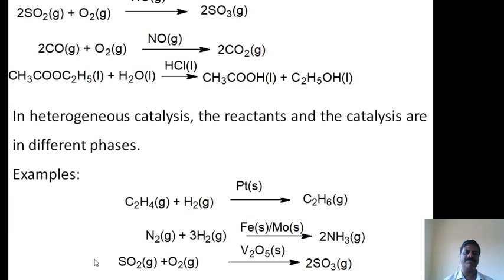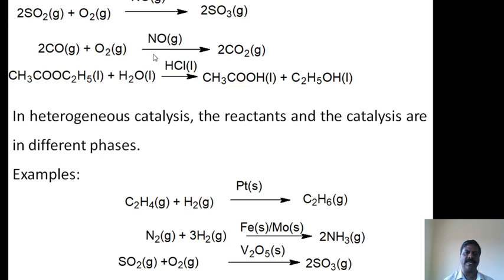Example for this is the conversion of sulfur dioxide into sulfur trioxide, passing oxygen gas to the sulfur dioxide gas in the presence of nitric oxide as a gas. Here sulfur dioxide is a gas, oxygen is also a gas, both are reactants, and the catalyst, nitric oxide, is also in the gaseous state, therefore it is called a homogeneous catalyst.